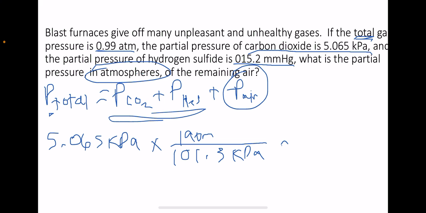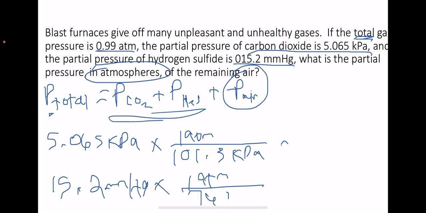And for 15.2 millimeters of mercury, that conversion is 760. So we could put equal signs there. Once you find those, they will be in atmospheres. Everything has to be in the same unit.